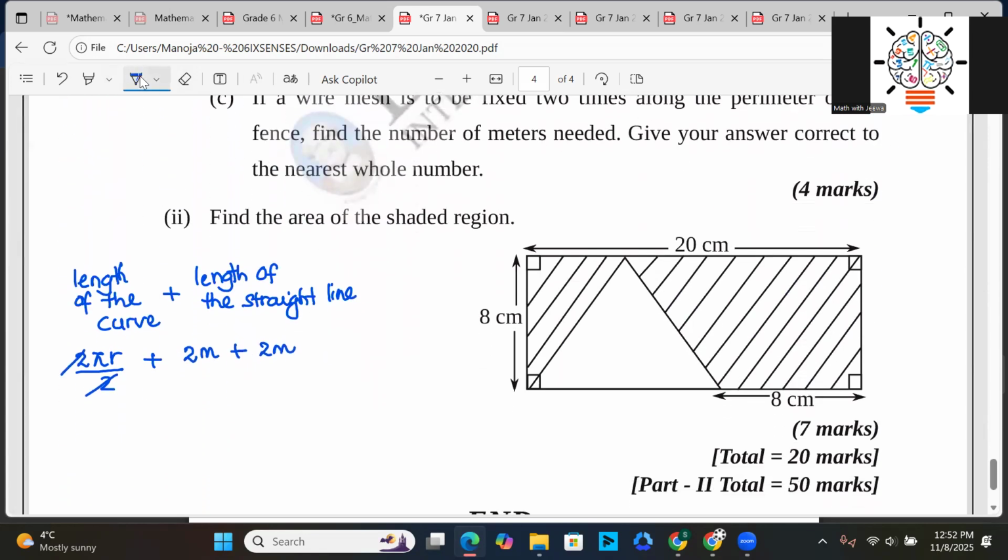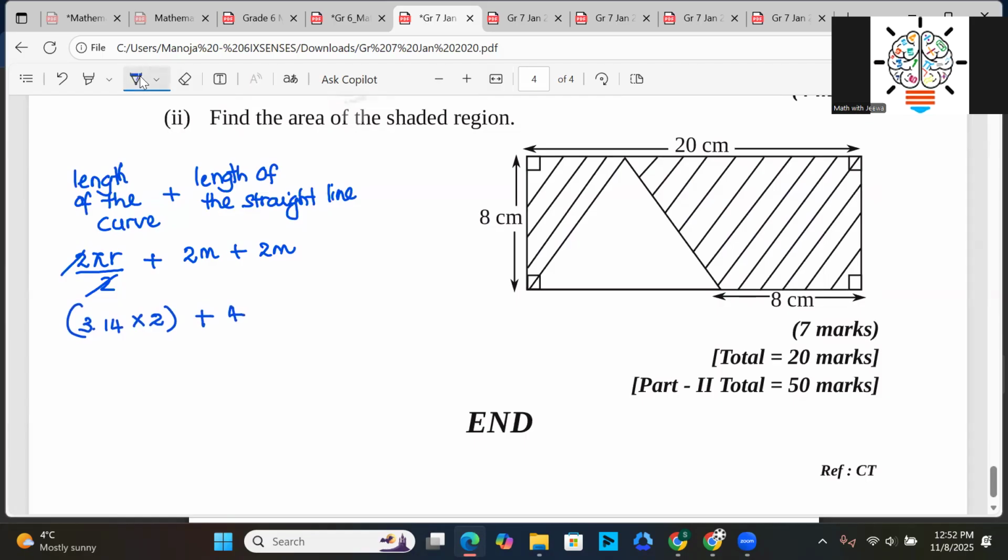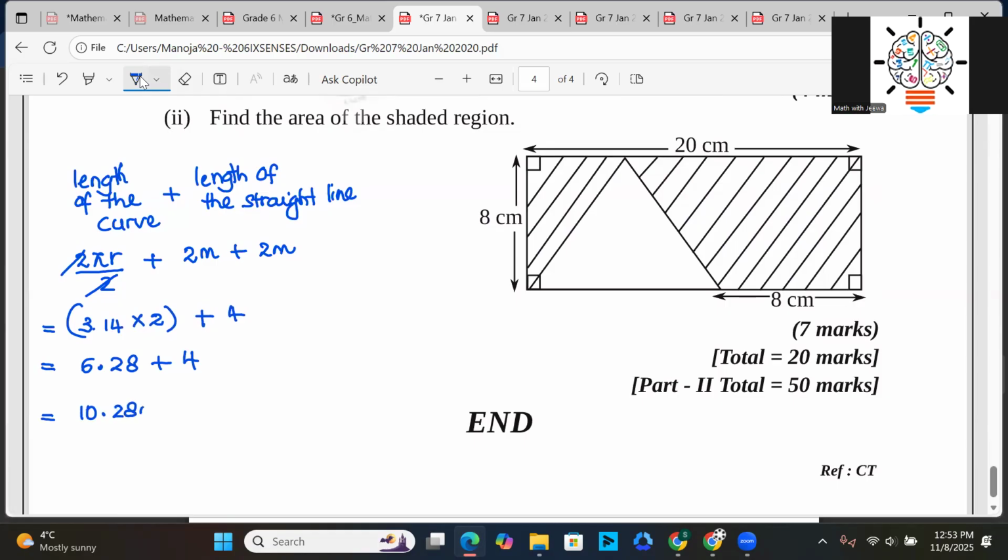So then you write 3.14 multiplied by 2. And then 2 meters plus 2 meters, it is 4 meters now. So then what happened, children? You multiply this, it gives me 6.28. For that 6.28, you add 4. Altogether, you have the answer. It is 10.28 meters. That's the perimeter of the pond.